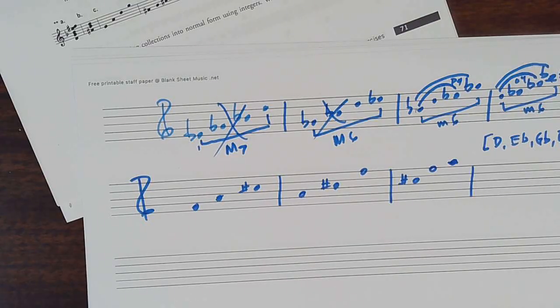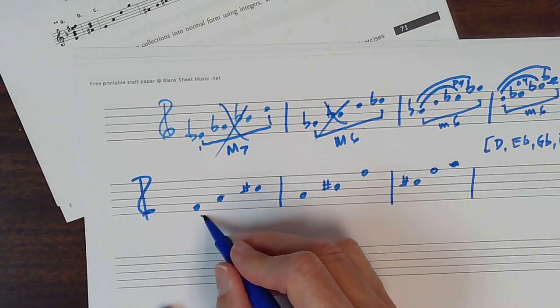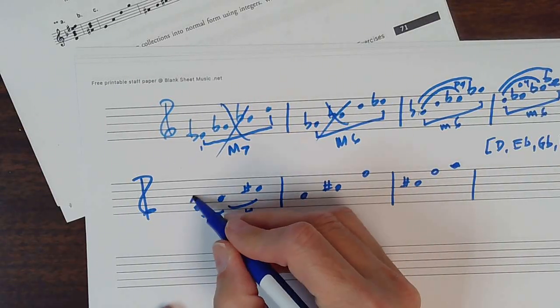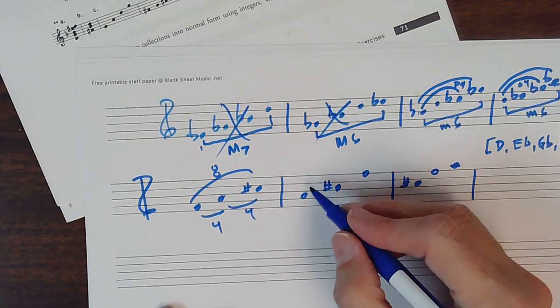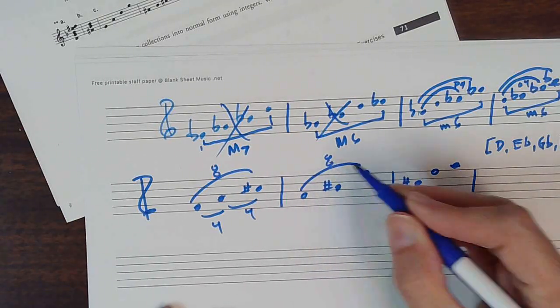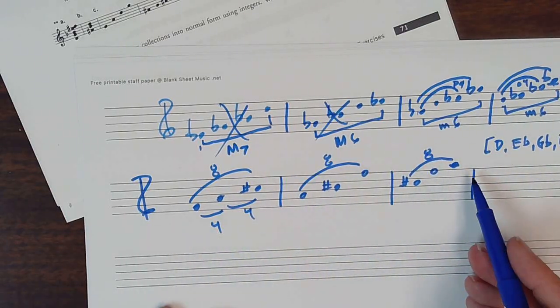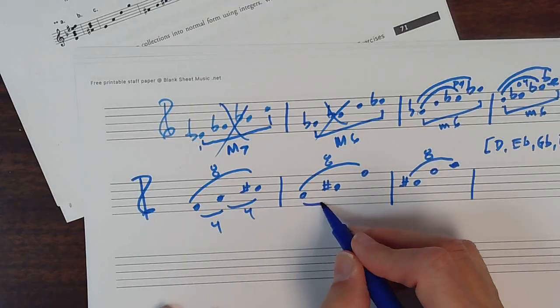Okay, let's count these in half steps. This is 4 half steps, and this is 4 half steps. So overall, that's 8 half steps. This is 8 half steps, and this is 8 half steps. So these are all ties. Let's look at A to C sharp.